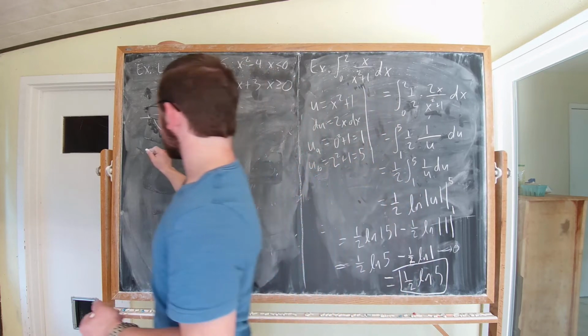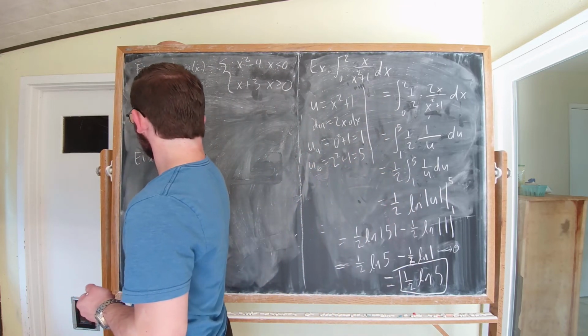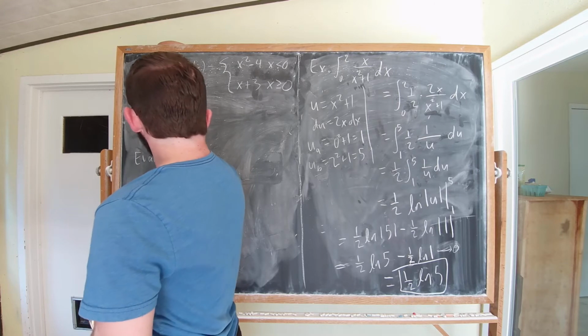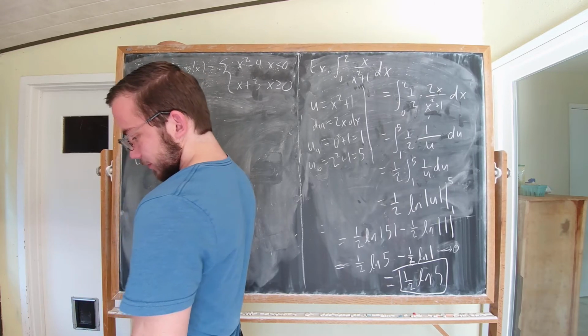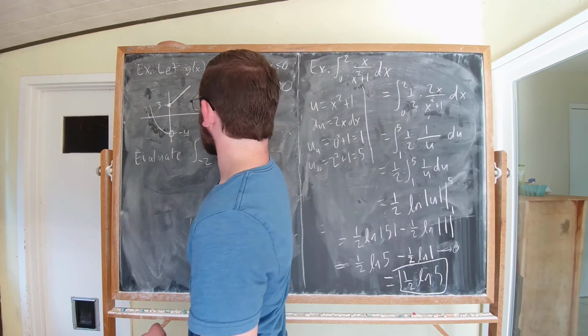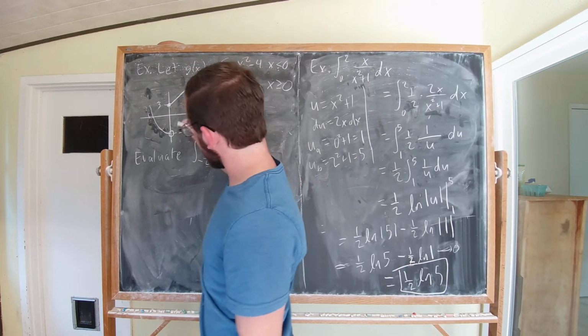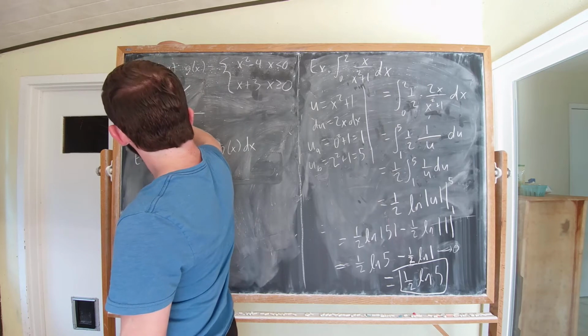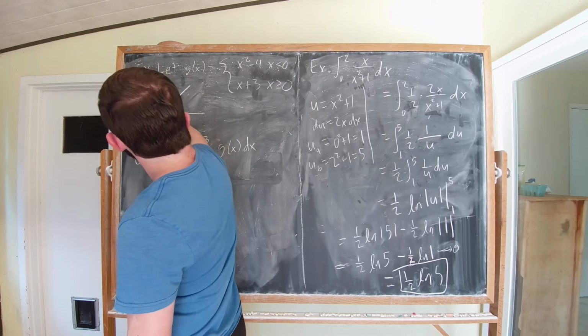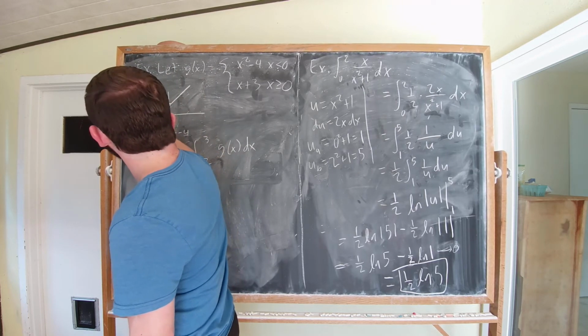And let's say we wanted to evaluate the integral from negative 2 to 3 of g of x dx. This would actually be negative 2, so that works out properly.